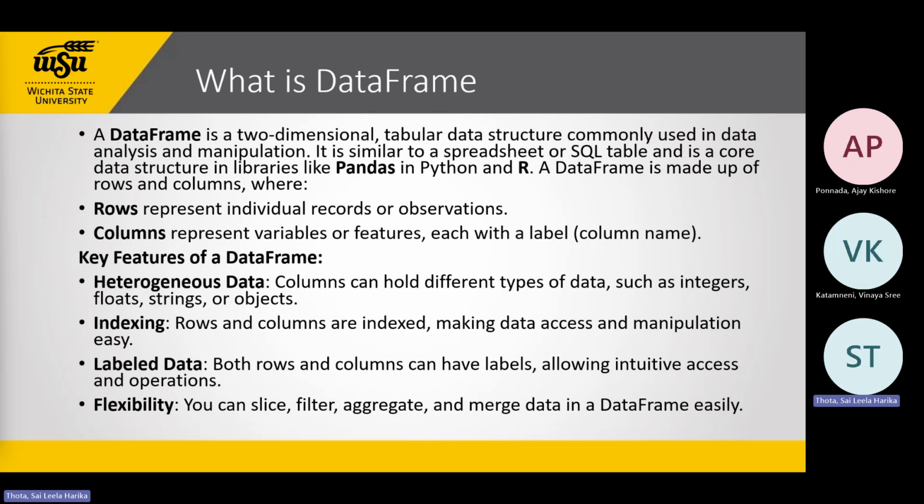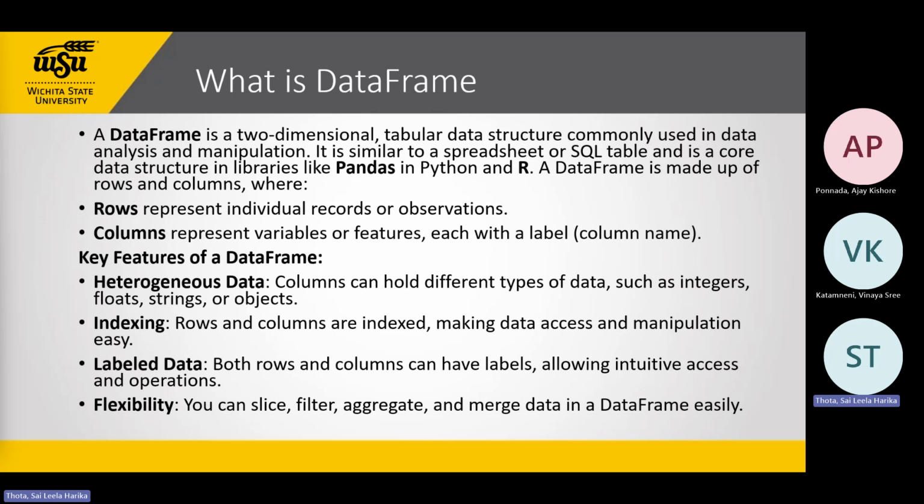Okay. And next, key features of your data frame: heterogeneous data. In your data set, if you see the columns, they are of different types, right? There are strings, ints, floats, and many more. And indexing: the rows and columns are indexed. Before, I showed a data frame, and there are index values.